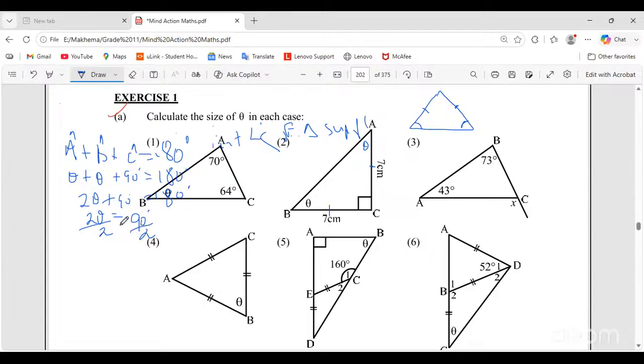Why? Because this is an equation. Whatever you do on the left-hand side, you should do on the right-hand side. And the aim here is to make theta the subject of the formula. If I divide by 2 on the left-hand side, I will also have to divide by 2 on the right-hand side. Now, my theta is equal to 45 degrees, right? Now we have answered this one.